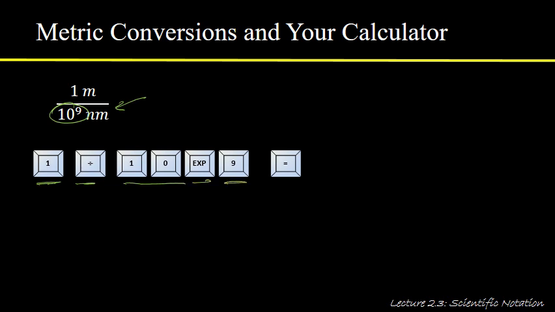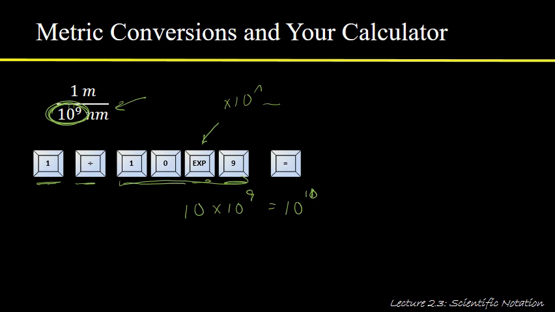And this is not correct because this EXP key means times 10 raised to the whatever comes next, right? So this whole thing here then would be interpreted as 10 times 10 to the 9th, which is 10 to the 10th, right? So when you've got a number like this, you don't want to type it in as 10 EXP9.